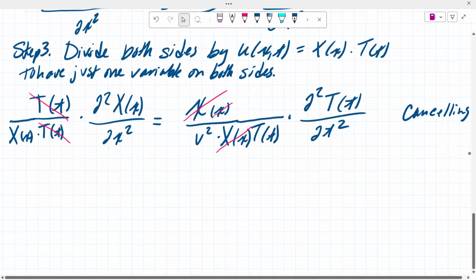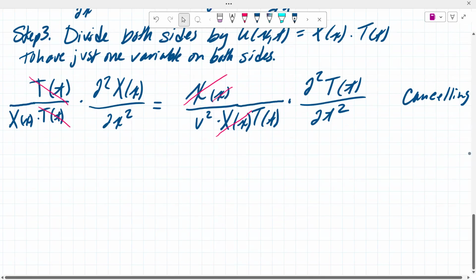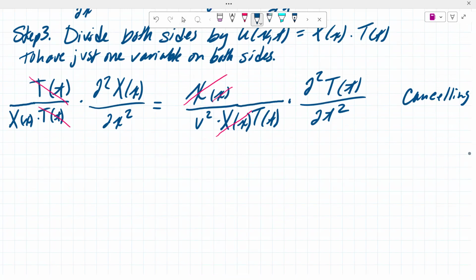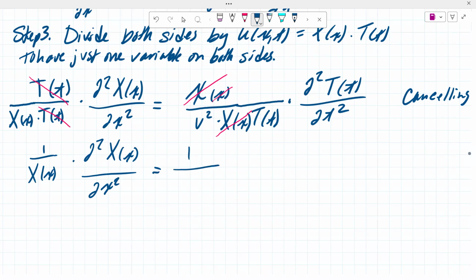Now the next thing we're going to do is simplify this. We got rid of a bunch of the junk here. So we got 1 over X of x times d squared X of x over dx squared equals 1 over v squared T of t times d squared T of t over dt squared.